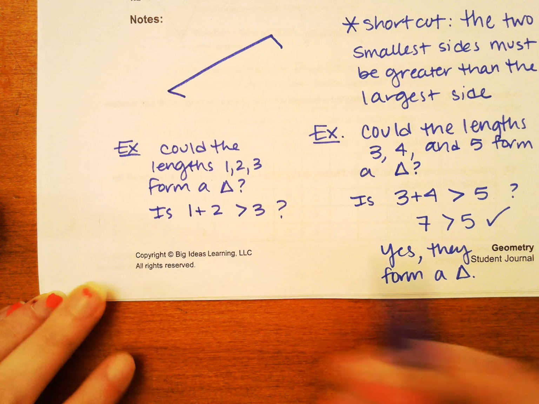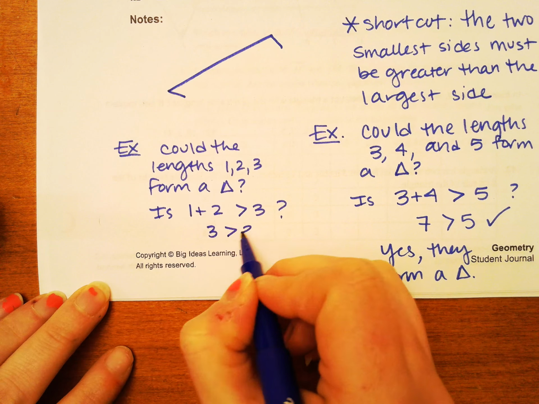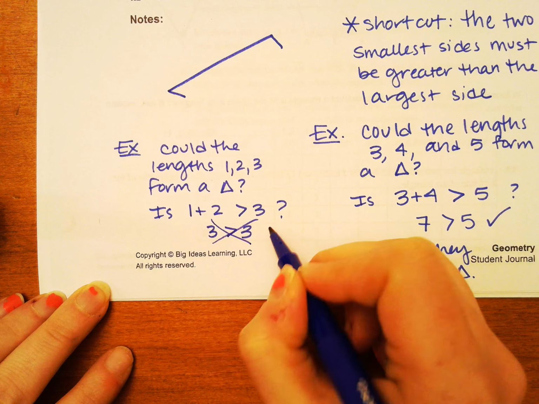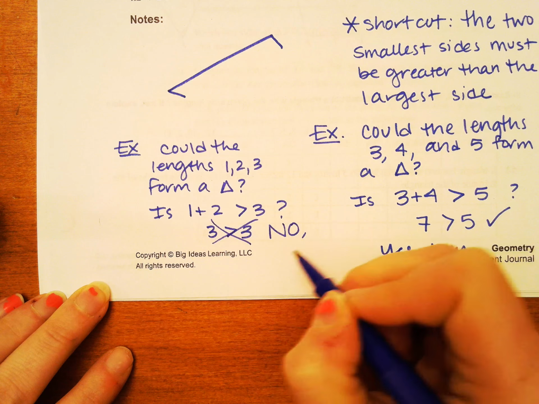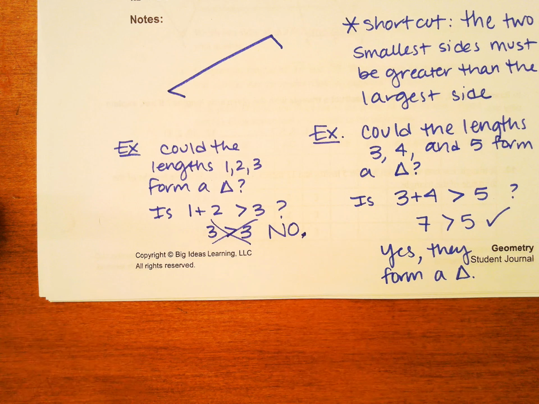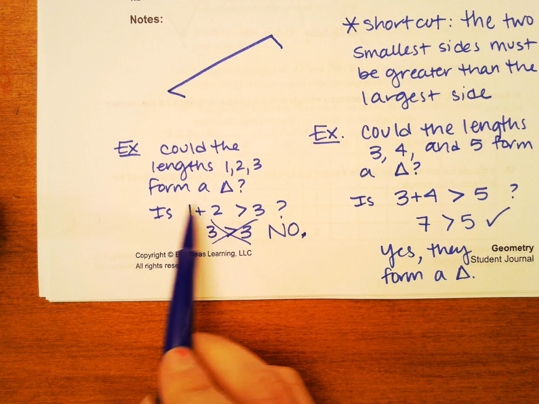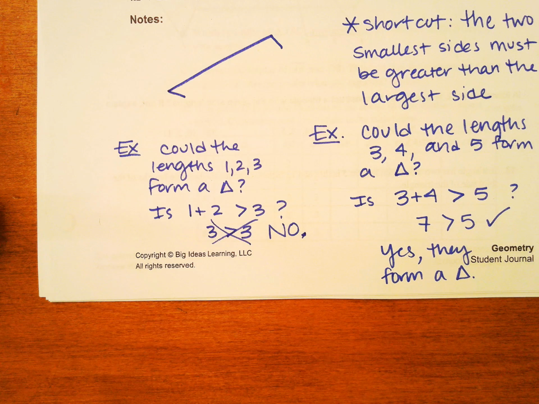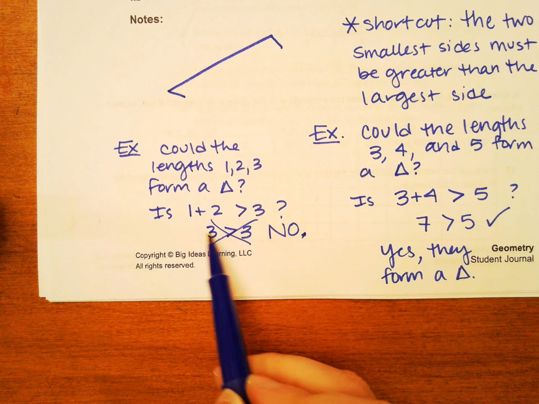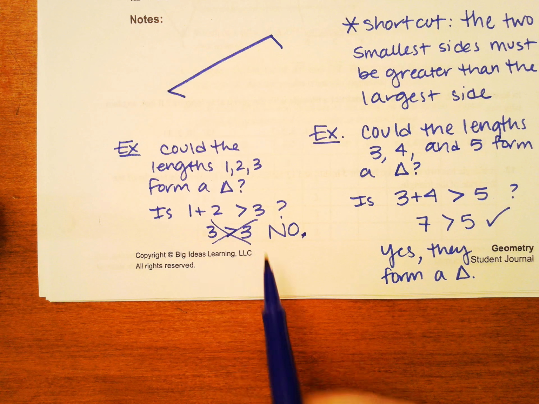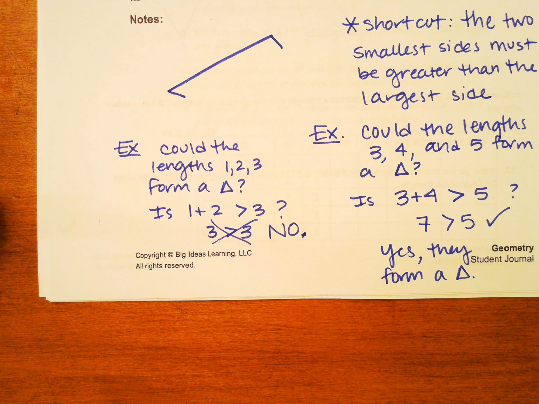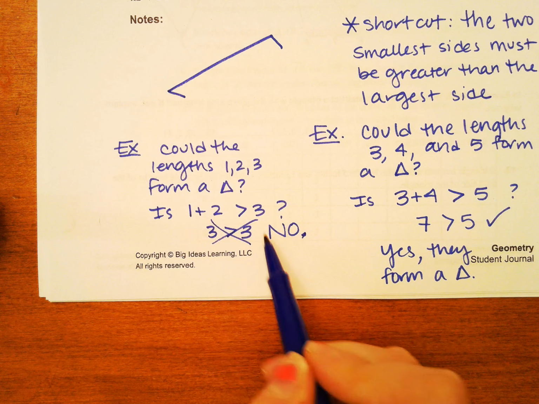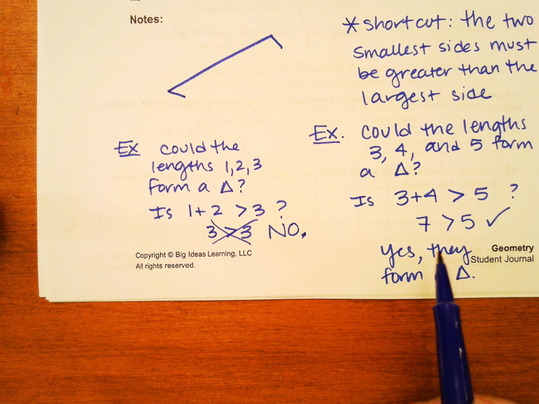For this one, we get 3 is bigger than 3, which is not true. So no, these lengths couldn't form a triangle. If we get something that's less, obviously that wouldn't work. And also if we get the same number, like 3 is not greater than 3, that also doesn't work. So this example would not work for a triangle, but the previous example would.